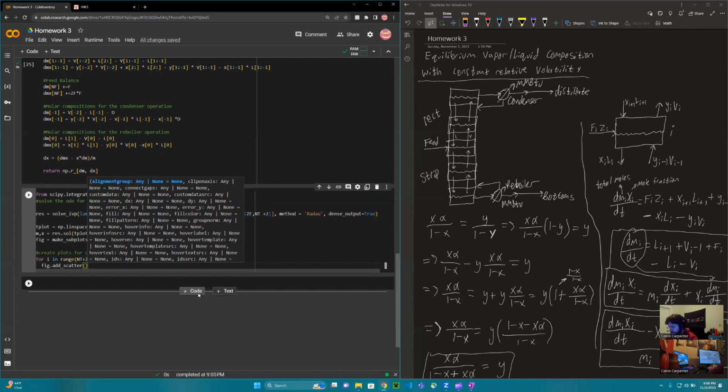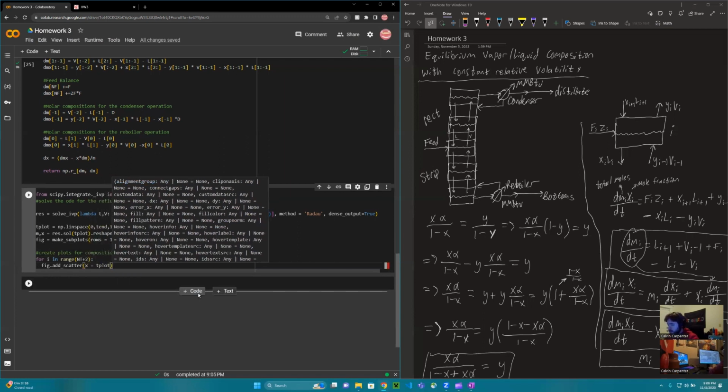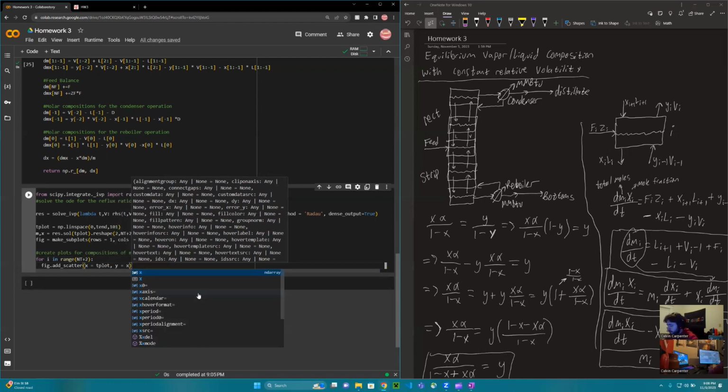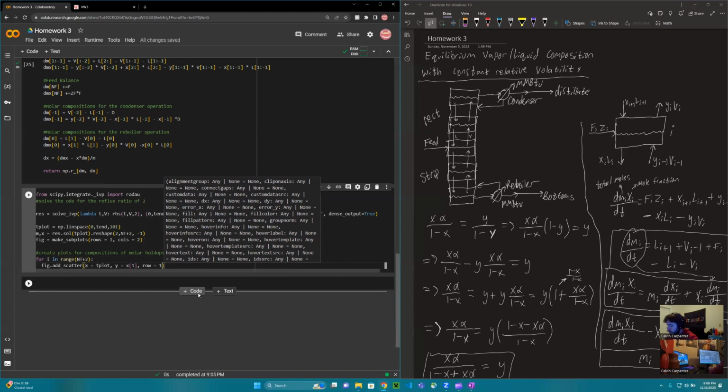Okay. x equals t plot, comma, y is equal to x of 1, row equals 1, col is equal to 1.